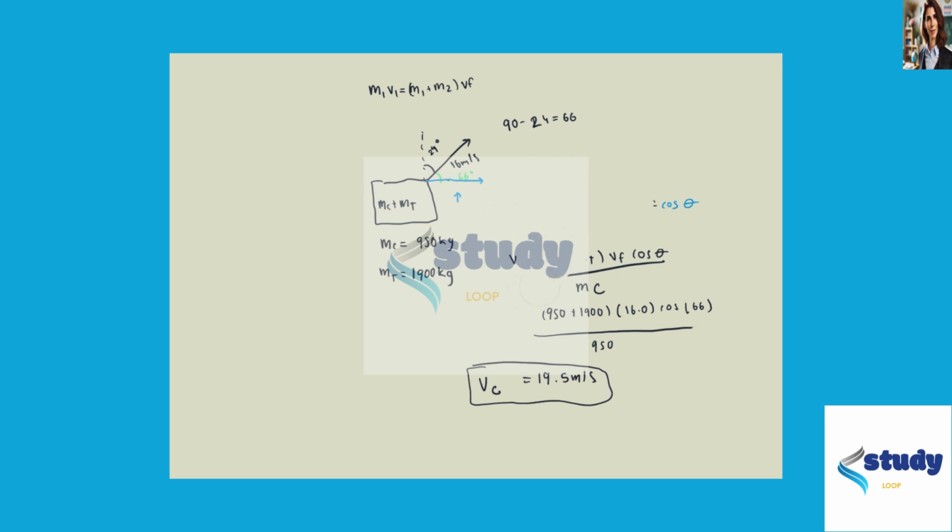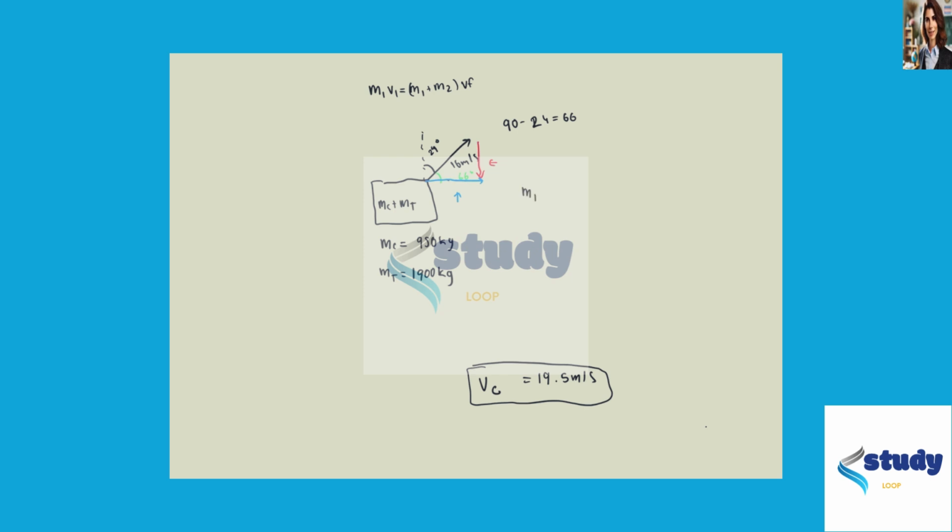So let's do everything in the y component. In order to do that, we need to find this right here. And we can do the exact same thing, but finding the sine of the angle. So now let's create the equation again.